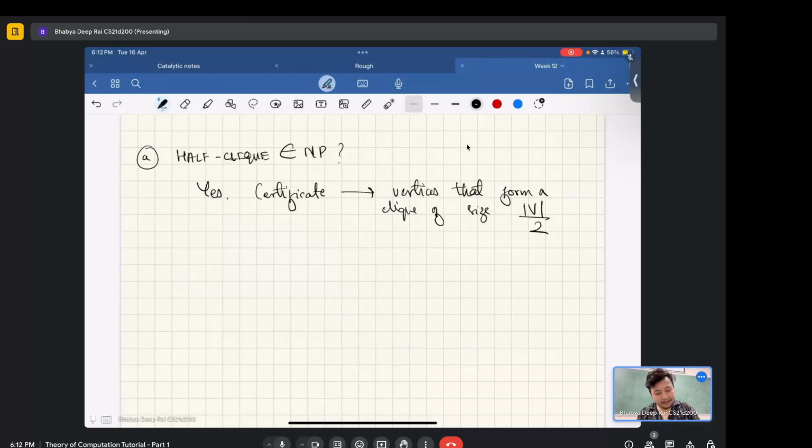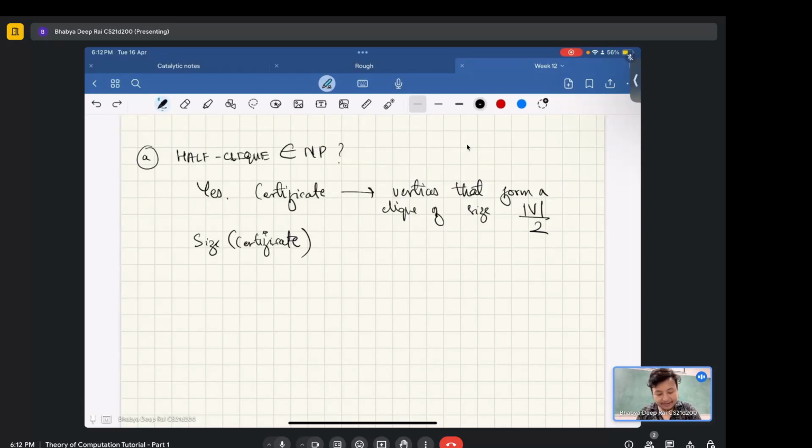And what is the size of the certificate? Well, there are at most size of v many vertices, and the click is of size v by 2.